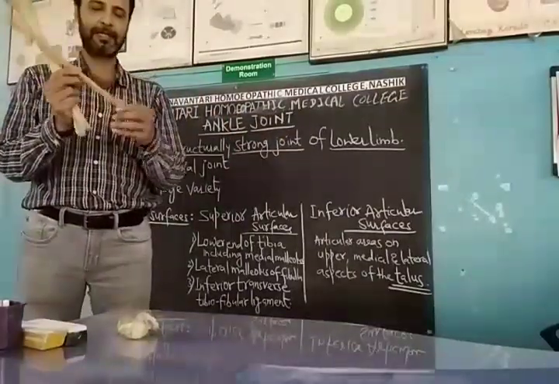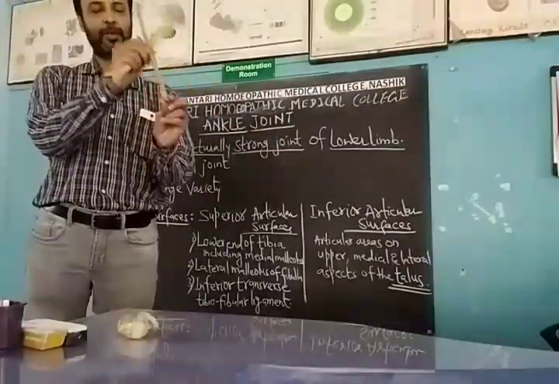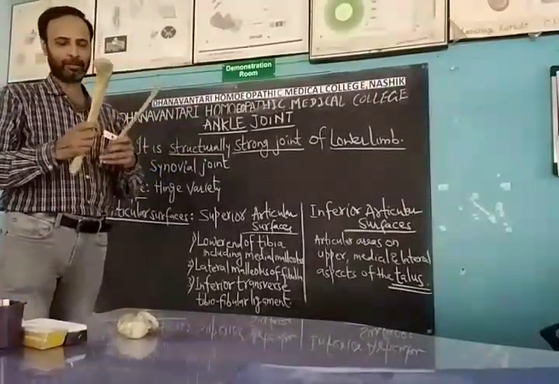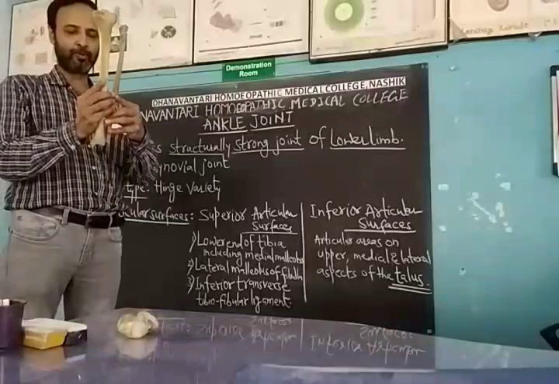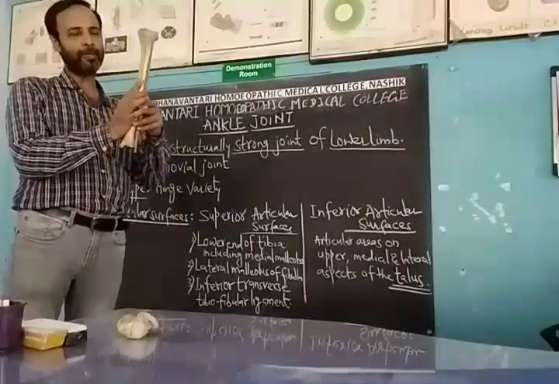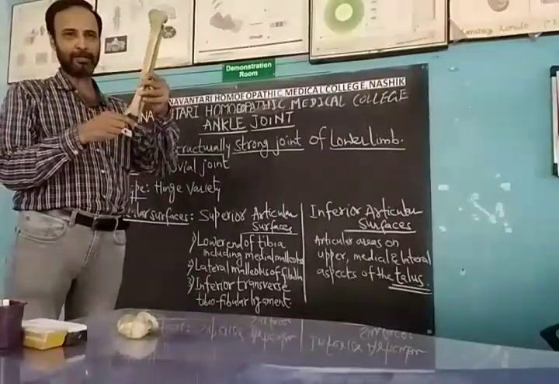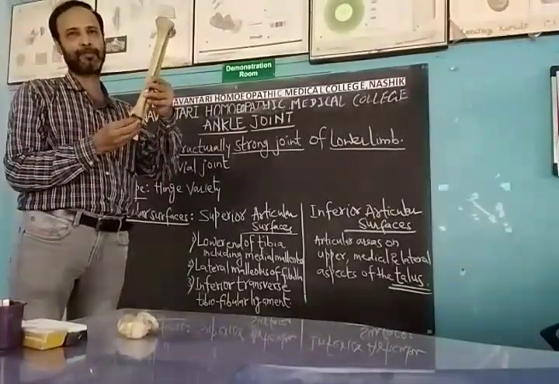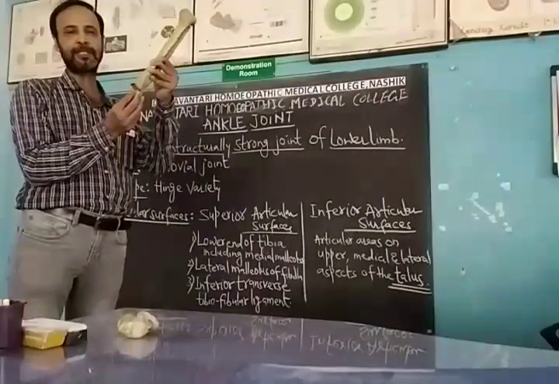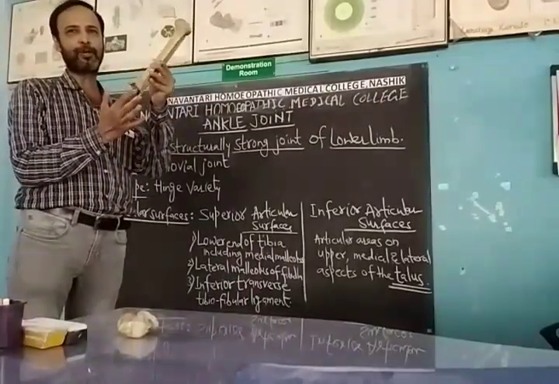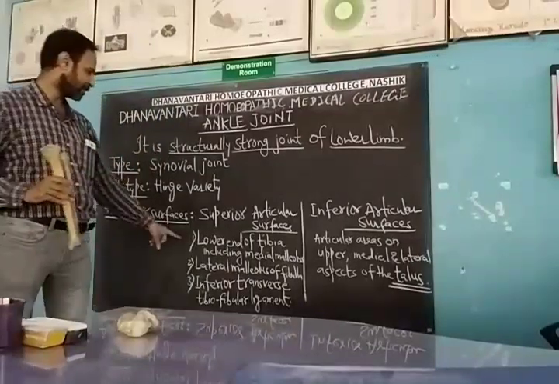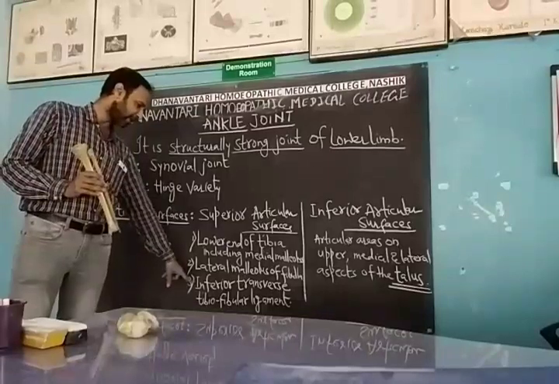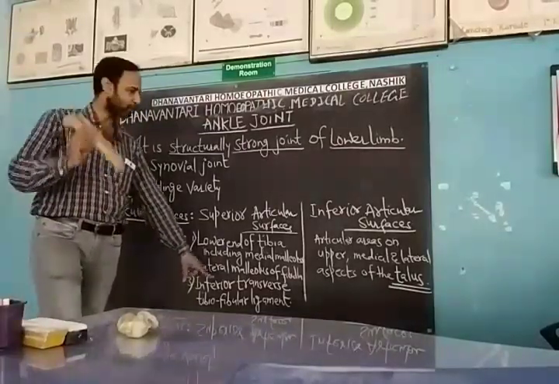And in between, at the lower tibiofibular joint, the third is the inferior transverse tibiofibular ligament. These three form the superior articular surface. I will show you on these bones.